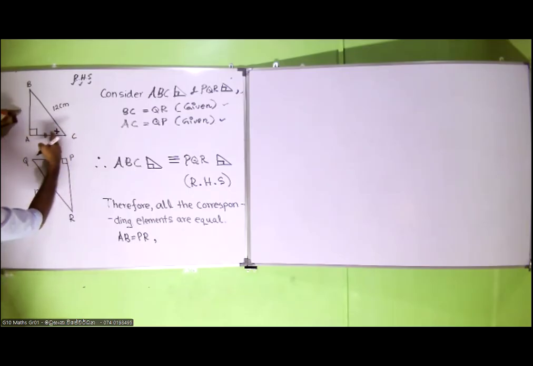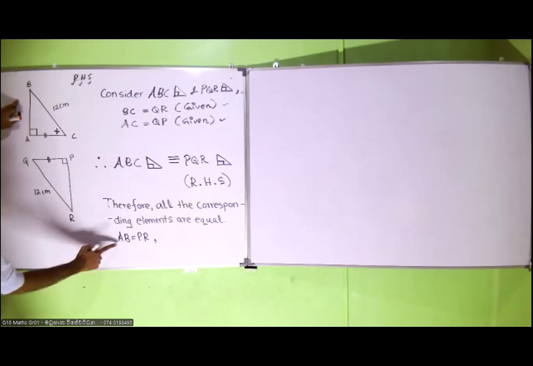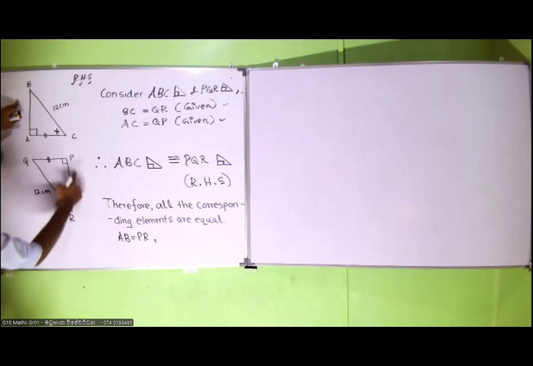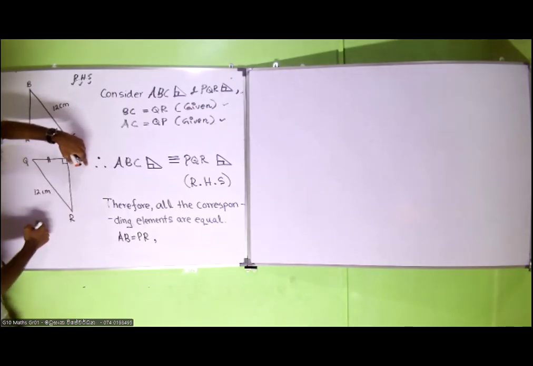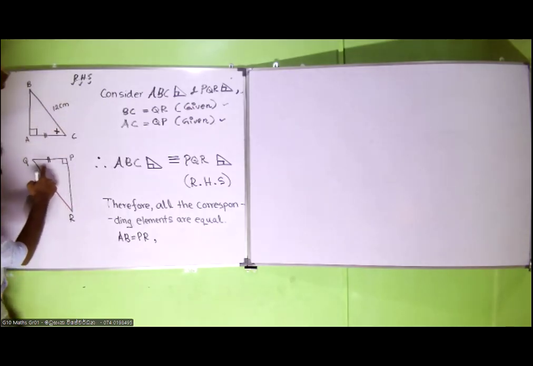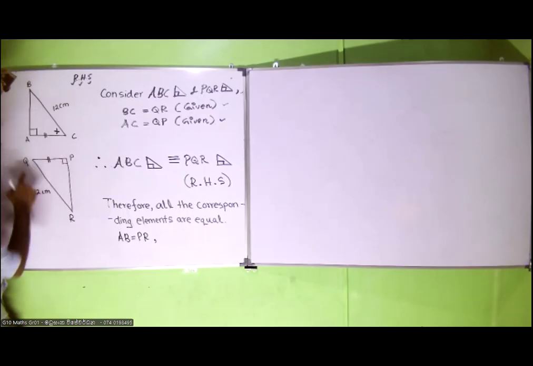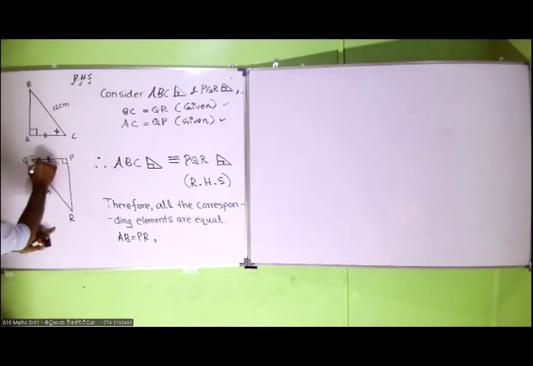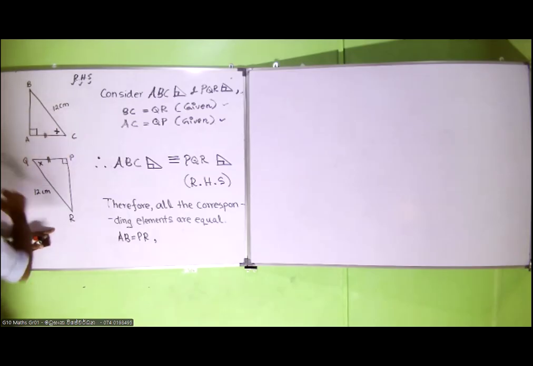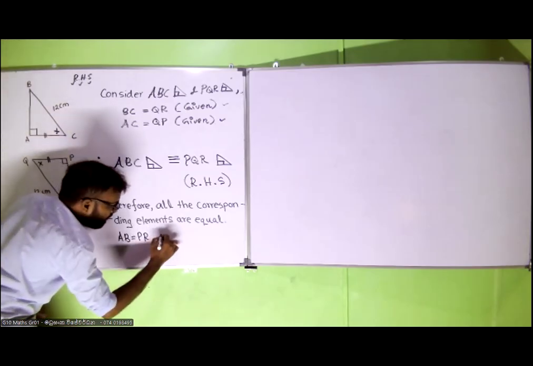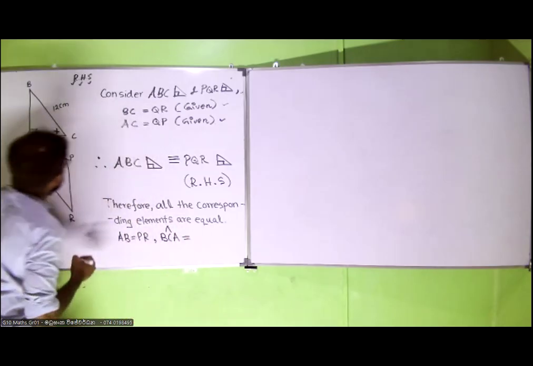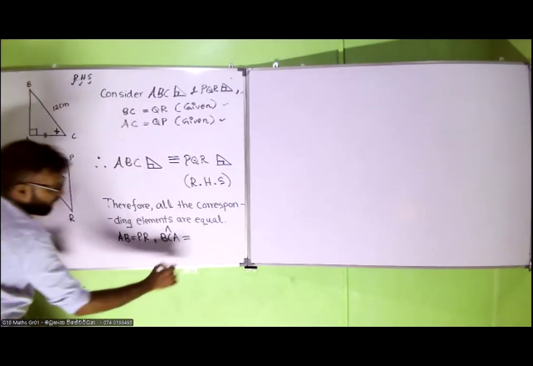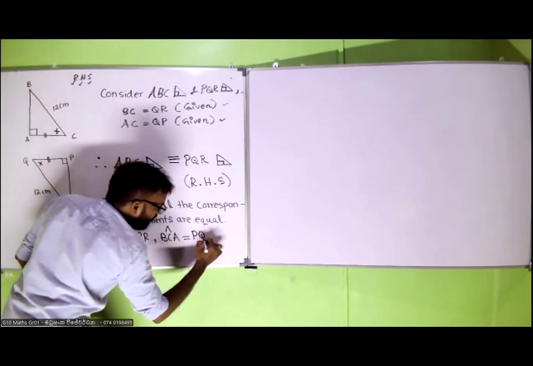In front of BCA, I have side AB. AB equals PR. Against this side, what angle do I have? PQR. So angle BCA, or ACB, whatever, equals angle PQR.